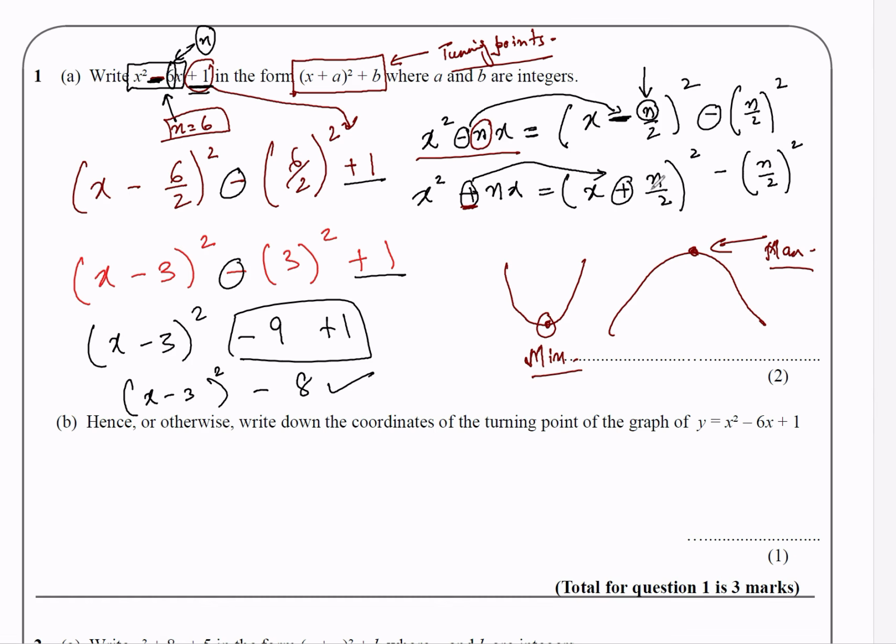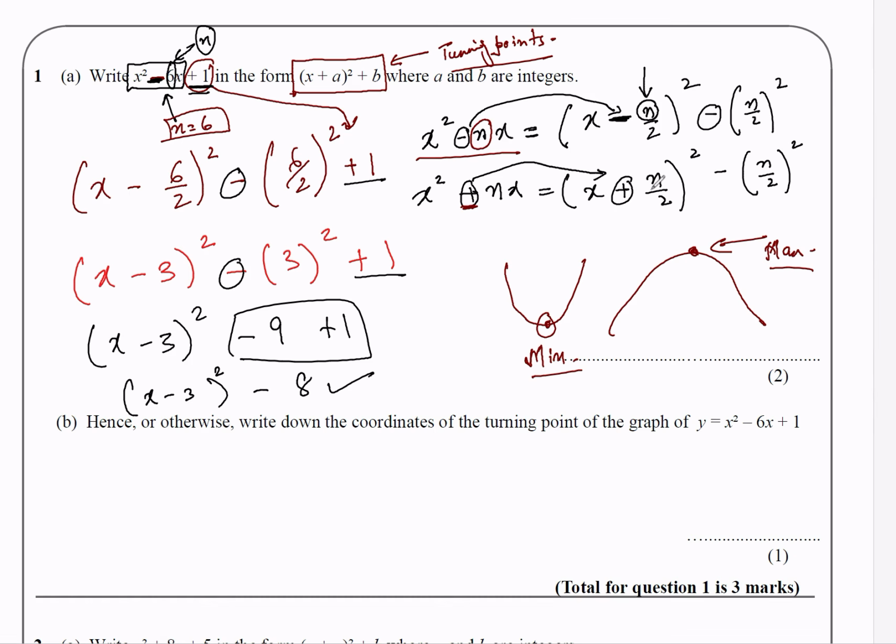Now, hence or otherwise, write down the coordinates of the turning point of this graph. I will explain why we change the sign of whatever is written inside the bracket, and why we don't change the sign of whatever is written outside the bracket. Just change the inside sign, it becomes 3, and this negative 8 stays as negative 8.